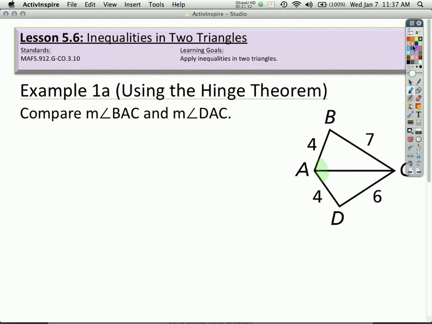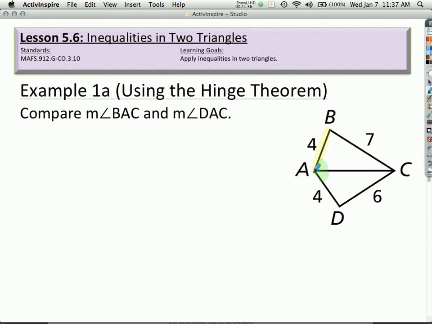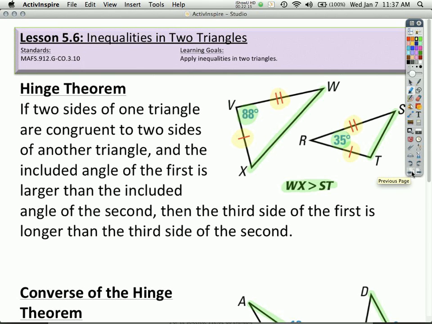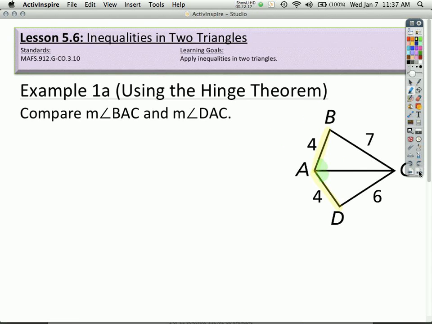Well, here's some evidence right here. What can we say about AB and AD? What can we say about those two sides? John? Okay, so they are congruent. So to use the hinge theorem, we need two pairs of congruent sides. We have one pair, so we can't use the hinge theorem.